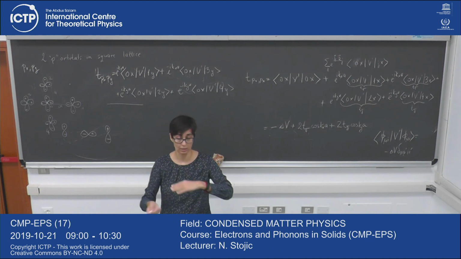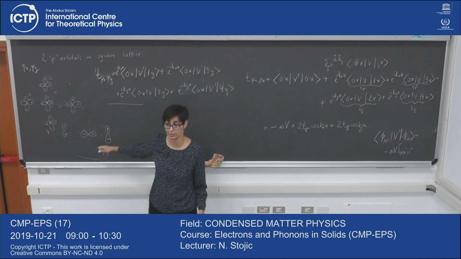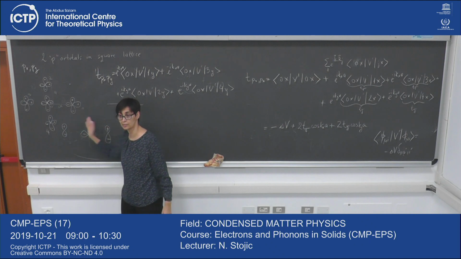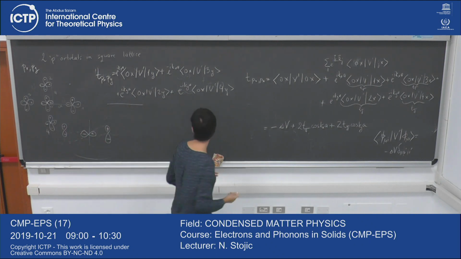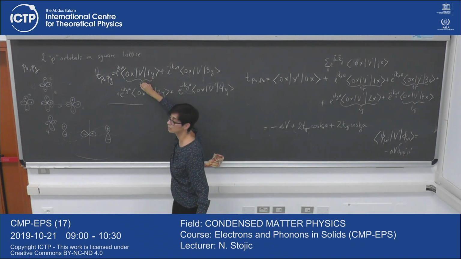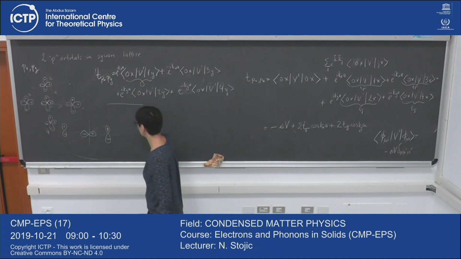Reflection along X, along Y. Here it becomes anti-symmetric for the reflection in this direction. So the only way this keeps the symmetry is if this is 0. And the same for this guy. You have this X and this.